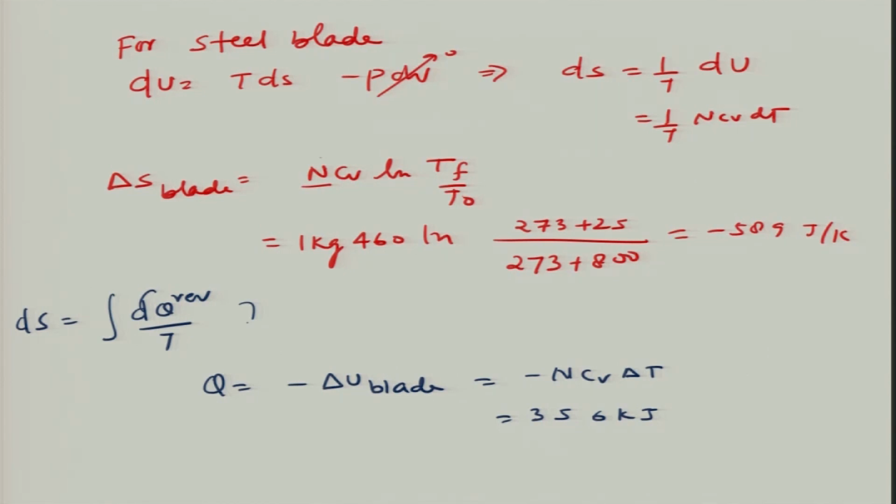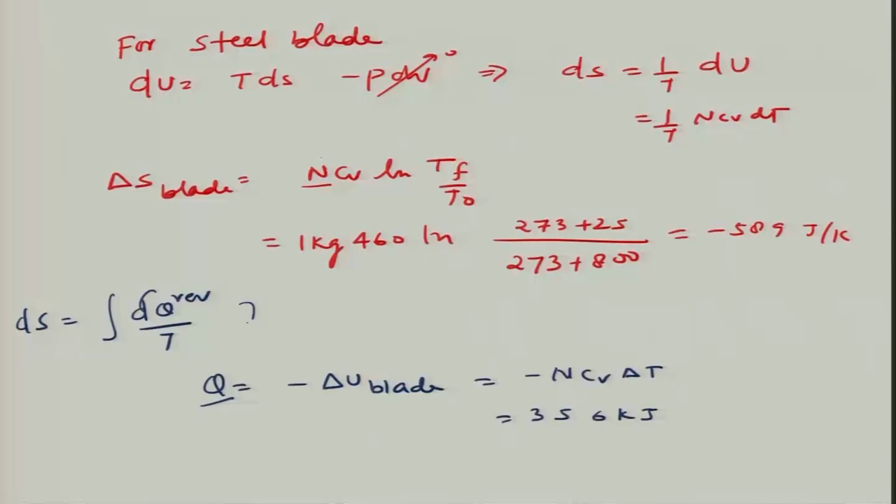Now this is done of course irreversibly, but to calculate the entropy change of the water, we can devise a thought experiment where this amount is transferred in a reversible way.